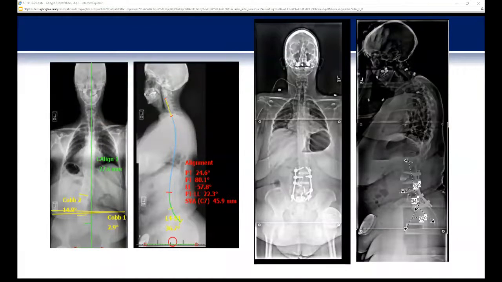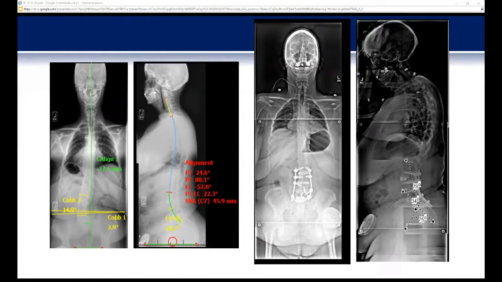I had a question that came up, and I did mention it in the literature discussion, regarding the PJK rates for MIS or circumferential MIS. My perception of the etiology of PJK is that part of it is violation of the posterior ligamentous complex at the top of the construct, and certainly that has been a target for trying to avoid PJK.